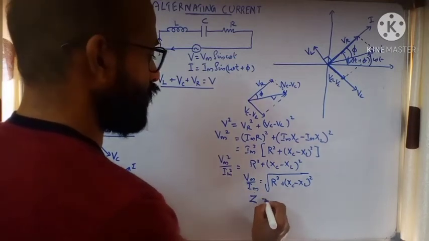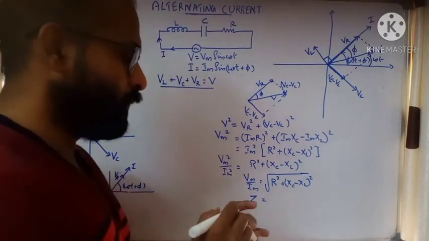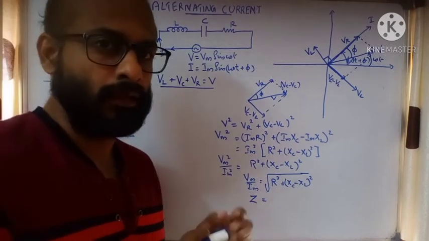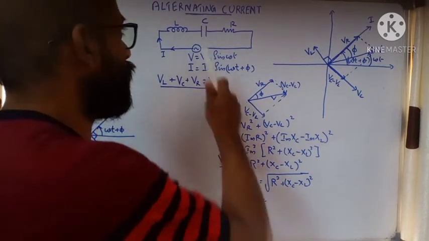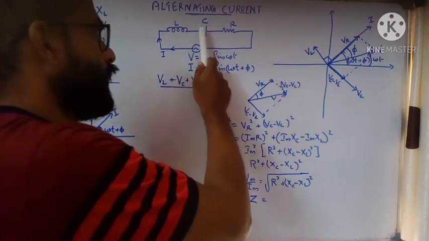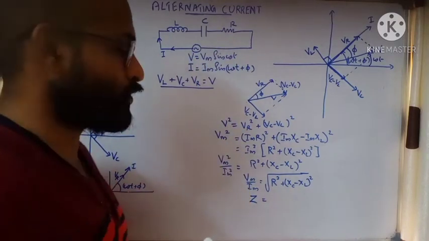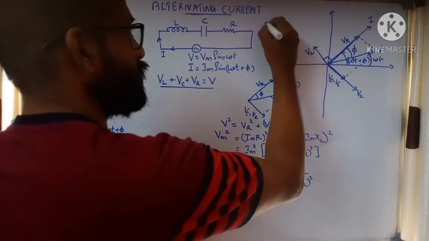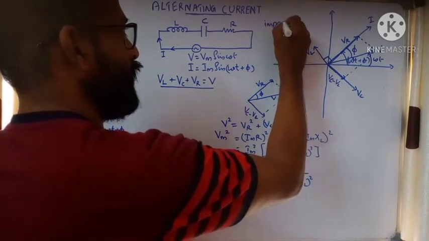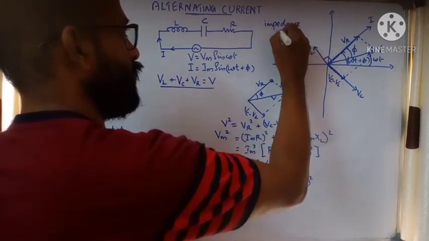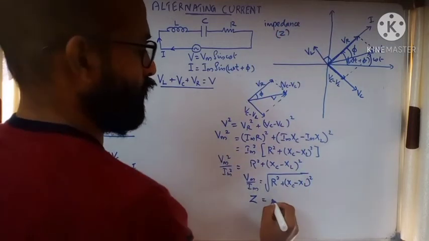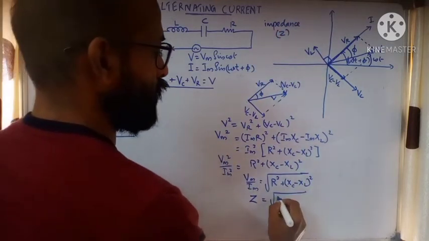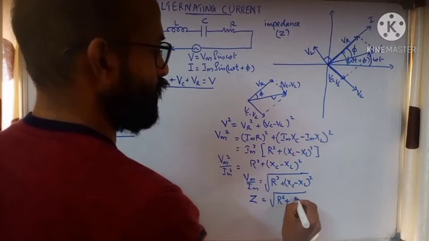Capital Z represents impedance. Impedance means it is the effective opposition to the current flow by the combination of inductor, capacitor and resistor. So we call it impedance, represented by symbol capital Z. What is the equation of impedance? Impedance is the square root of R square plus Xc minus XL the whole square.